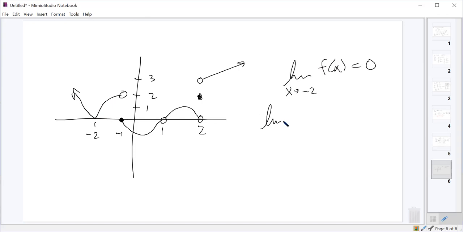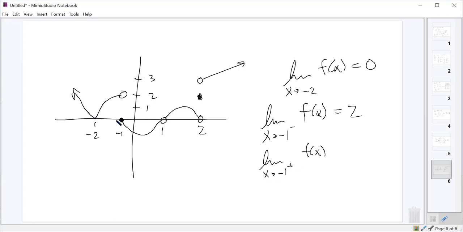What about the limit as x approaches -1 from the left? So as we approach -1 from the left, we should be going towards a value of 2, right? So that should be pretty easy, I hope. What about as we approach -1 from the right?